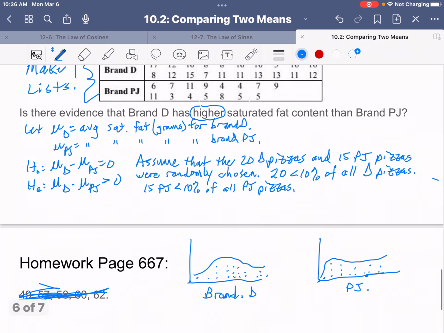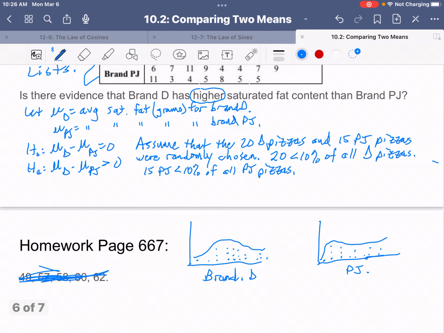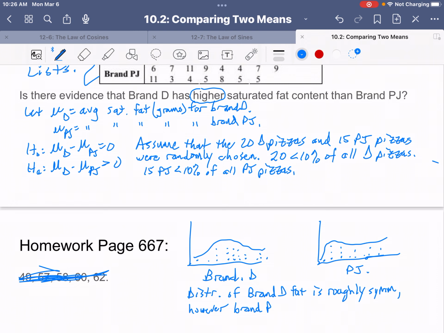So if I had to write a description here, I would say that the distribution of brand D fat is roughly symmetric. However, brand PJ is skewed right.